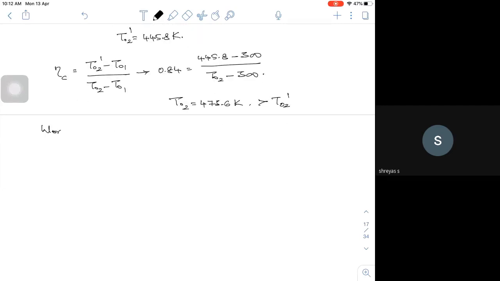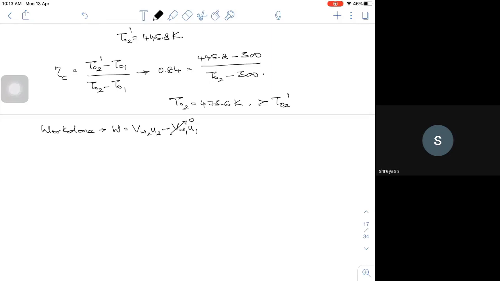So, actual work done is given by Euler's equation, which is W is equal to VW2 into U2 minus VW1 into U1. But my VW1 is equal to 0.